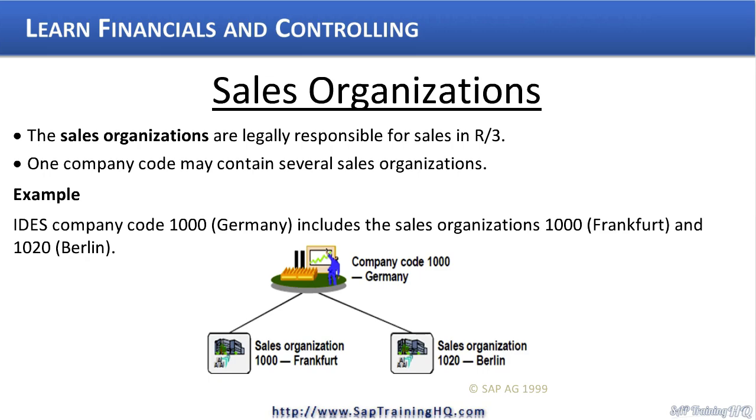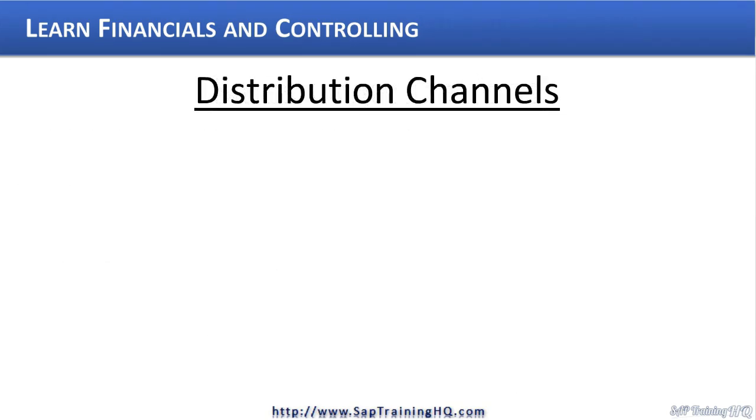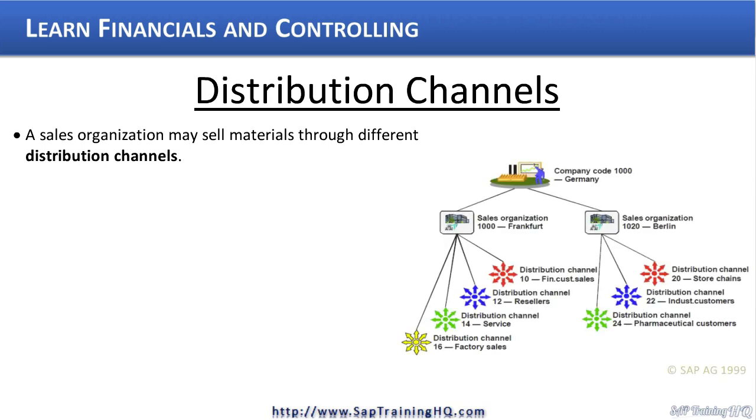Let's have a look at the distribution channels. A sales organization may sell materials through different distribution channels. In principle, a distribution channel can also be used by two different sales organizations. The distribution channel represents the channel through which saleable materials or services reach customers.